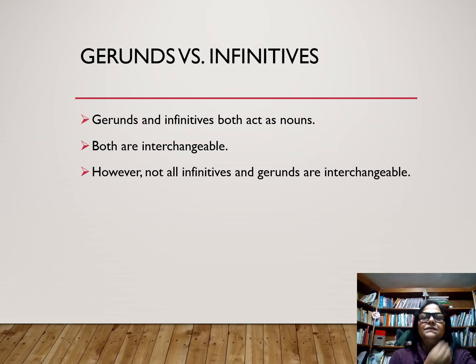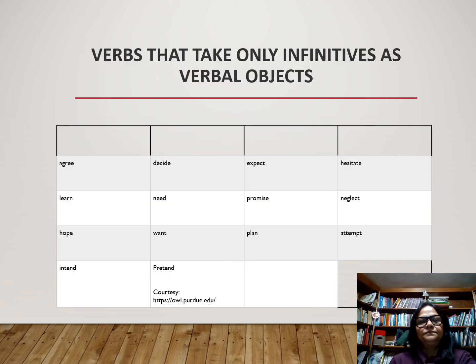But keep in mind, this list is not mine. I have borrowed it from the OWL website that I have already told you about. It's really useful. So I recommend the OWL website once again. So this is a list of words. These verbs take only infinitives.